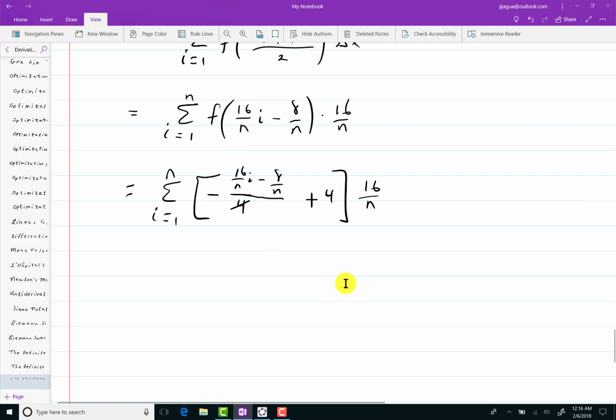If I take this 4 out, then I can cancel and make that a 2 and make that into a 4. So this is the sum i equals 1 to n, negative. I took out the 4 in the denominator, actually all the way. So what did it leave me with? It left me with 4 over n times i minus 2 over n.